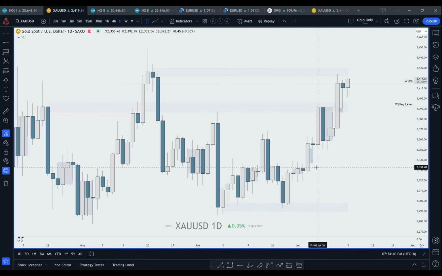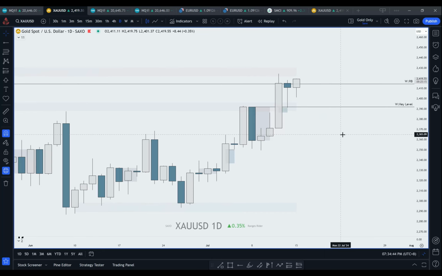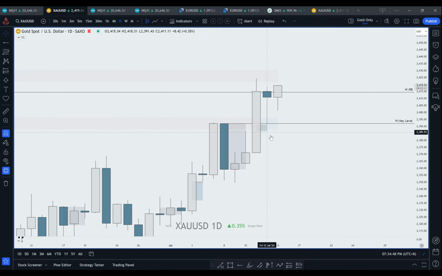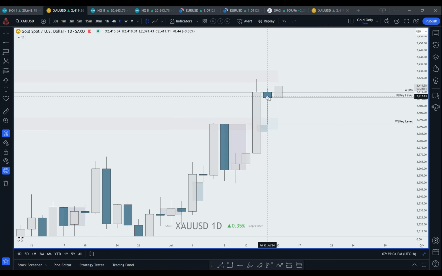So on the daily time frame, what we have? The daily time frame, this is the bullish and then bearish. This one is the daily key level, right? This one. And do we have anything other than this? We have this one.